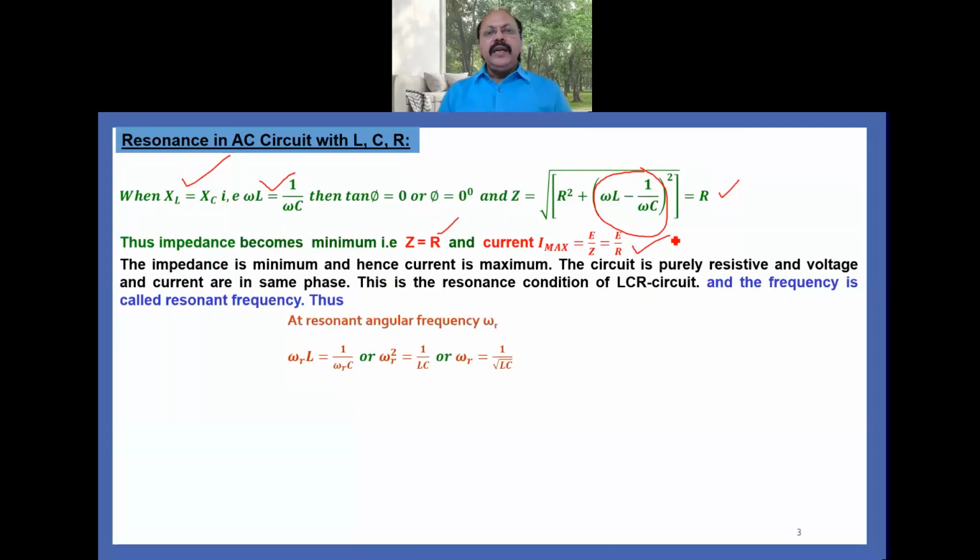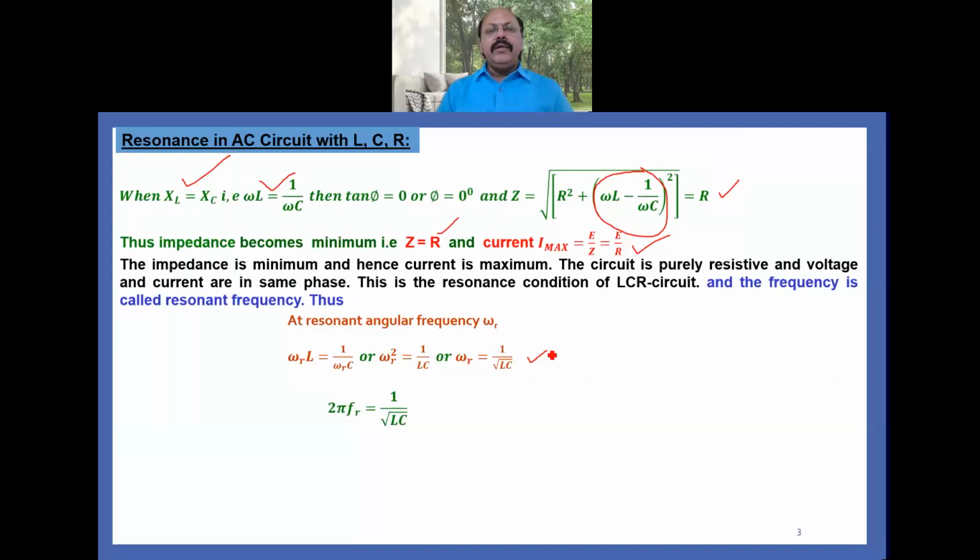Thus at resonant angular frequency, say omega R, omega R L equal to 1 upon omega R C, and then we rearrange and solve it. It becomes omega R square equal to 1 upon LC, then omega R equal to 1 upon under root LC.